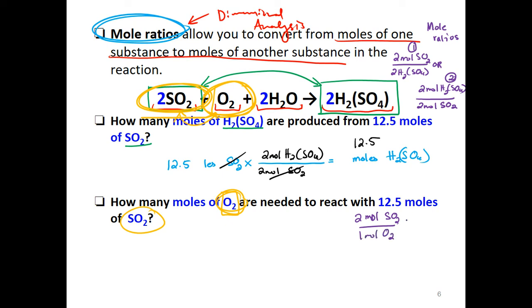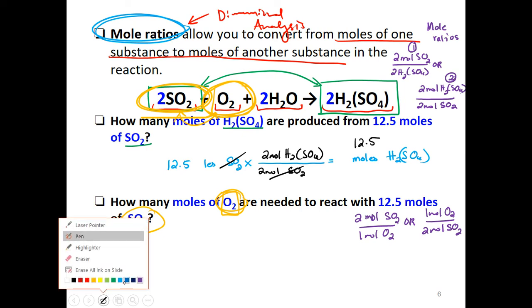Or the opposite of that, we have 1 mole of O2 for every 2 moles of SO2. Remember, mole ratios is just putting this over that or that over this. So 2 moles of SO2 over 1 mole of O2, 1 mole of O2 over 2 moles of SO2. 1 mole of O2, because if there is no coefficient, that means it's 1, right?